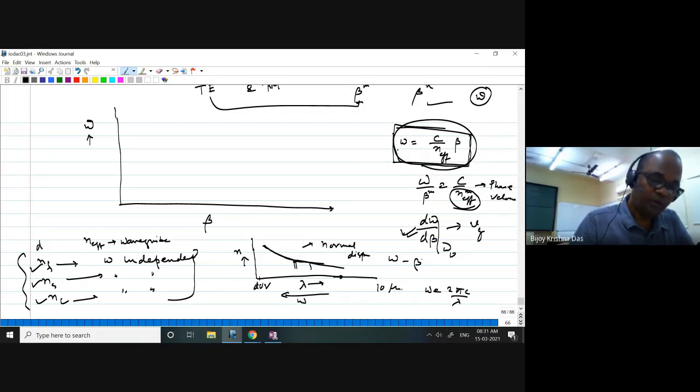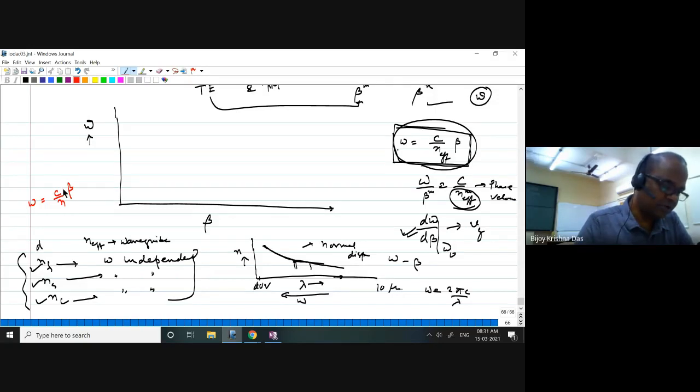Now, if I ask you to plot the dispersion relation in a homogeneous medium, what would be the relationship? Omega should be equal to C by N, times beta, right?